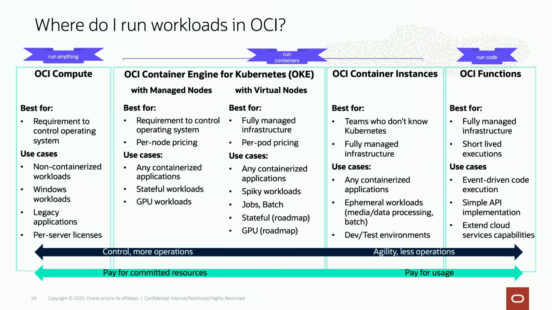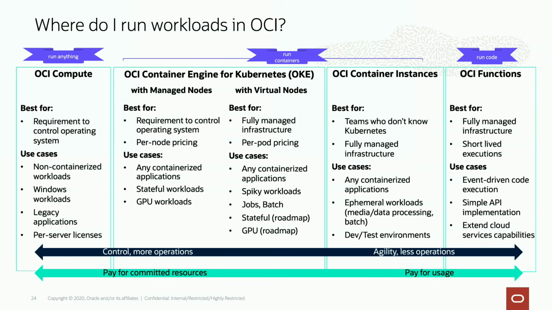If you don't want Kubernetes, and we have customers who don't want Kubernetes, the teams don't have the Kubernetes skills, they're not ready to move to it, they can choose container instances. Container instances is a relatively new resource in OCI. It allows you to run your container images simply and securely in OCI.